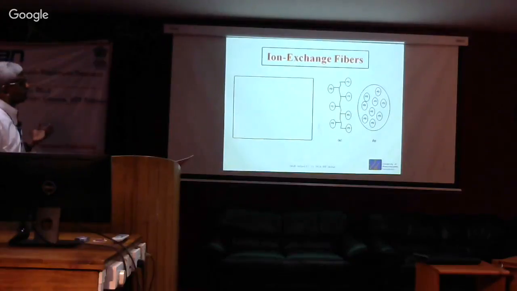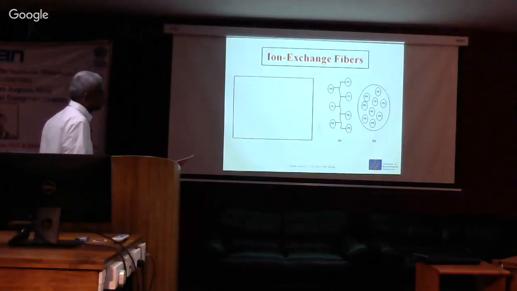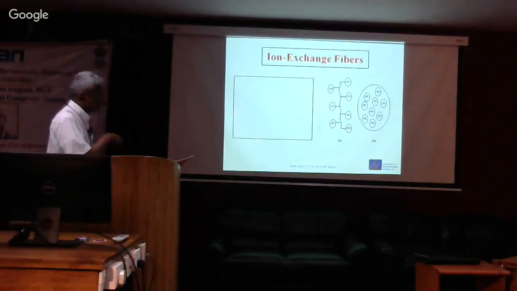Let's say a counter ion is sodium, and I want it to be replaced with copper. For this ion exchange to occur, keep in mind what has to happen. The copper has to diffuse all this length, come near this sodium, and then based on the law of mass action, sodium will come out and copper will go in. And the sodium has to come out before the next copper can go in, right?